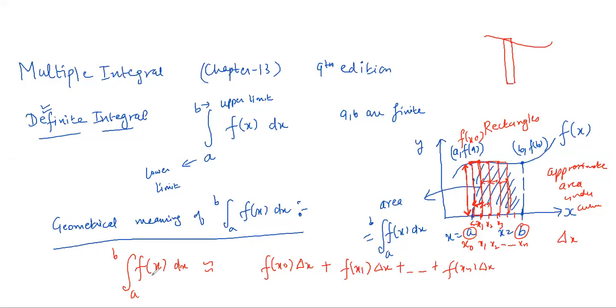This is approximately equal to this, right? You can see that this approximation is going to be a good approximation if delta x is small, if you choose this interval to be very very small. I will be just explaining you like this here.